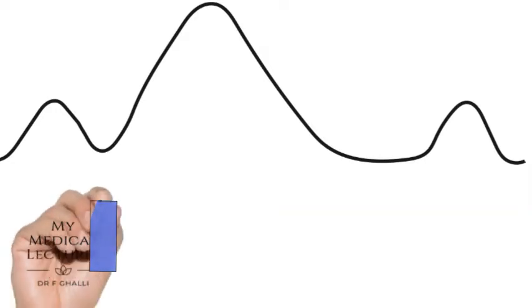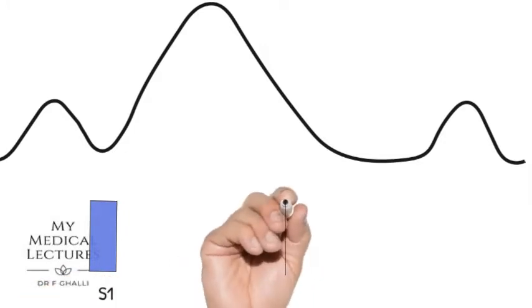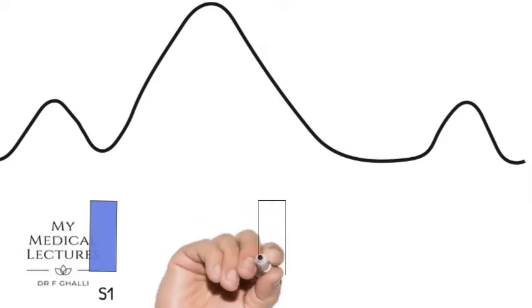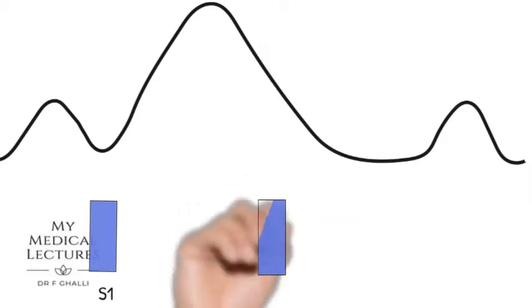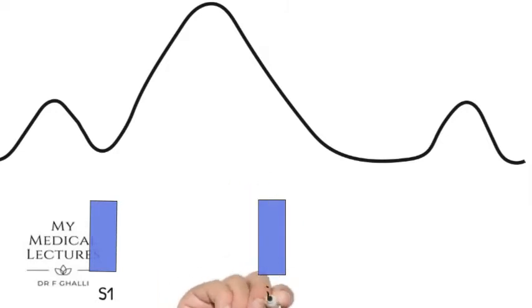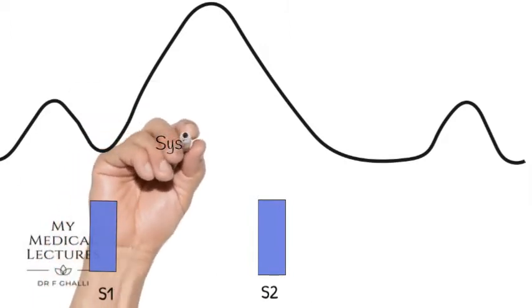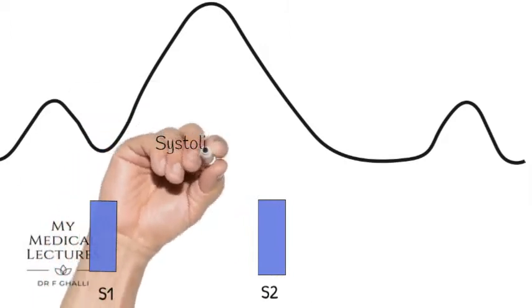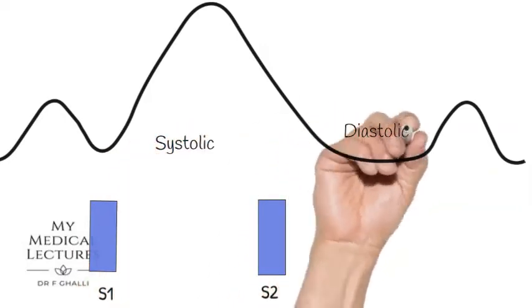So here is the first heart sound, S1, and here is the second heart sound, S2. All events here will be systolic, and all events here will be diastolic, of course, until the other S1 of the next cycle.